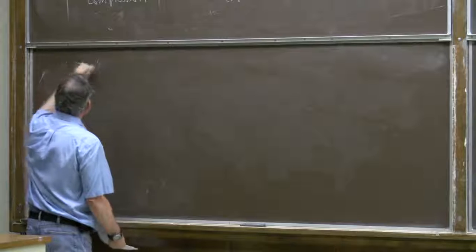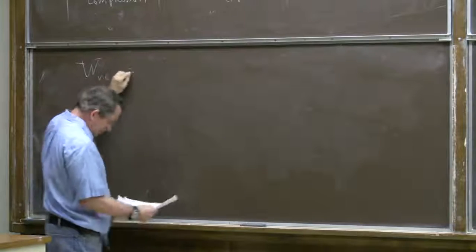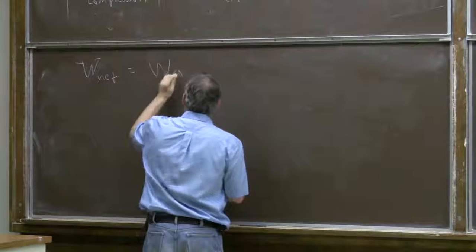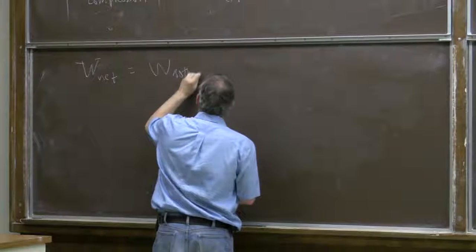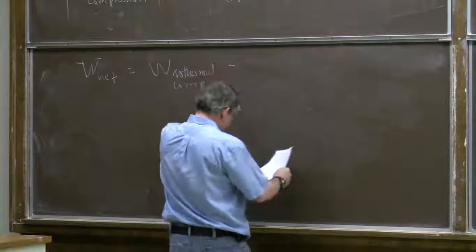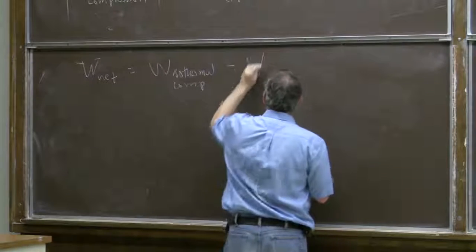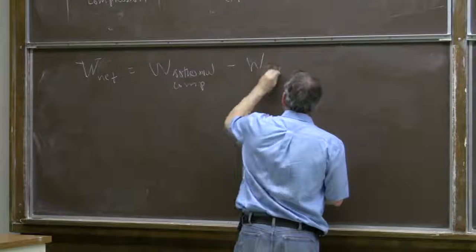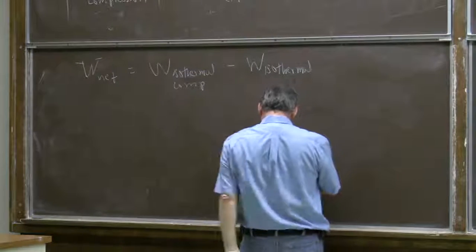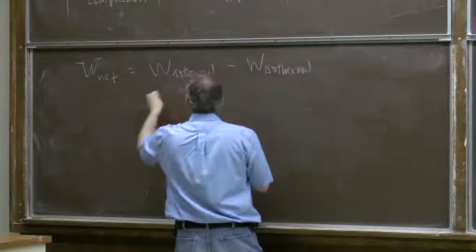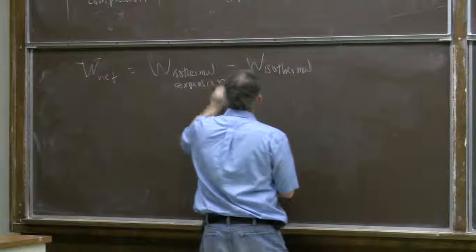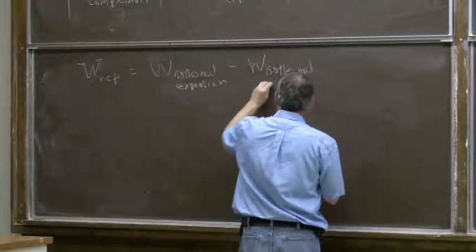So W net for the cycle is the work done by the system during isothermal expansion, minus work done on the system during isothermal compression.